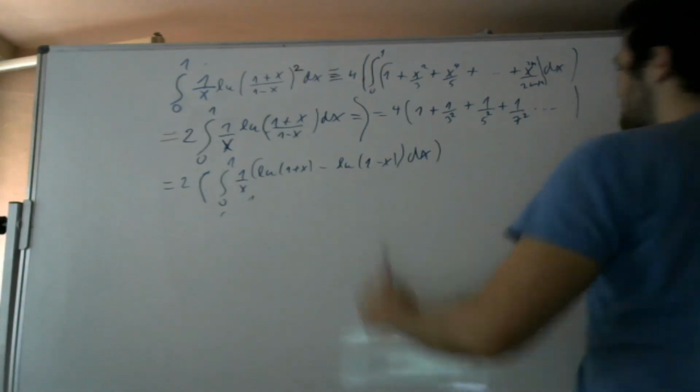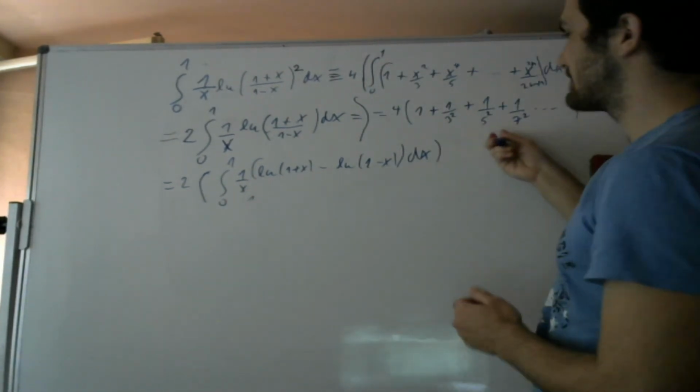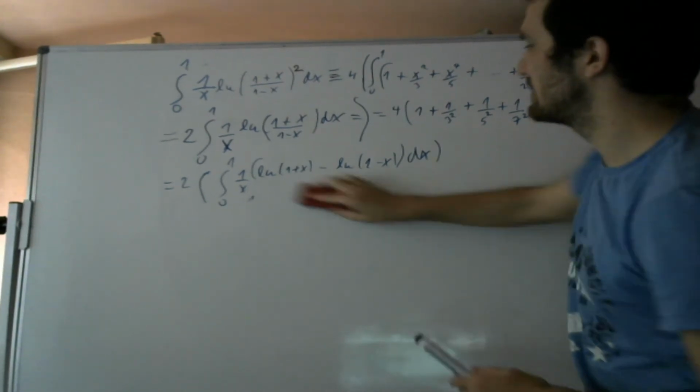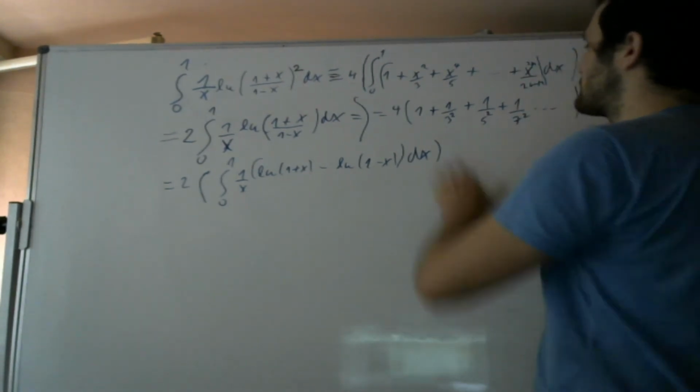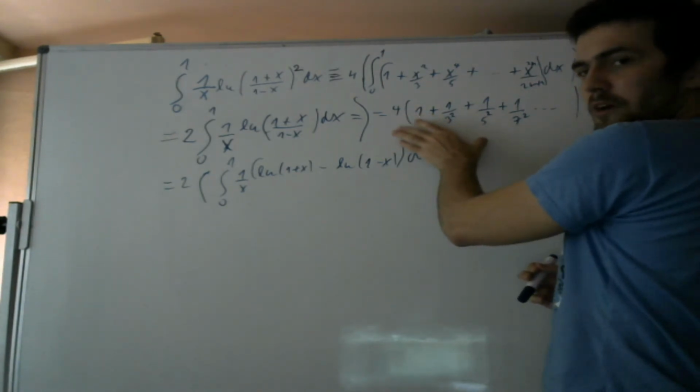Let's evaluate this. This is a series of odd numbers of 1 over n squared.